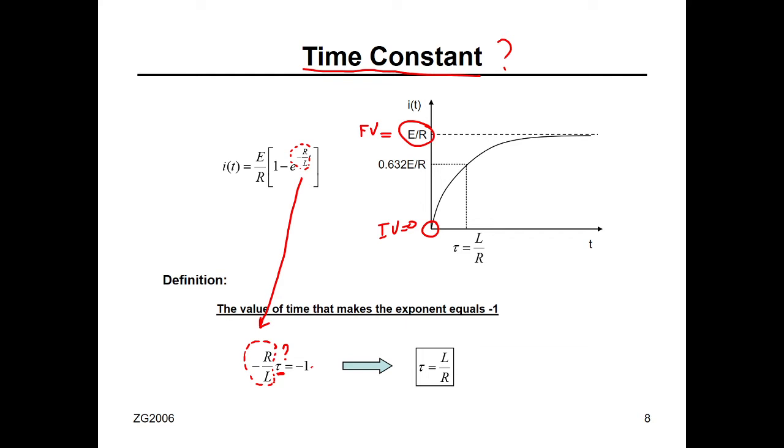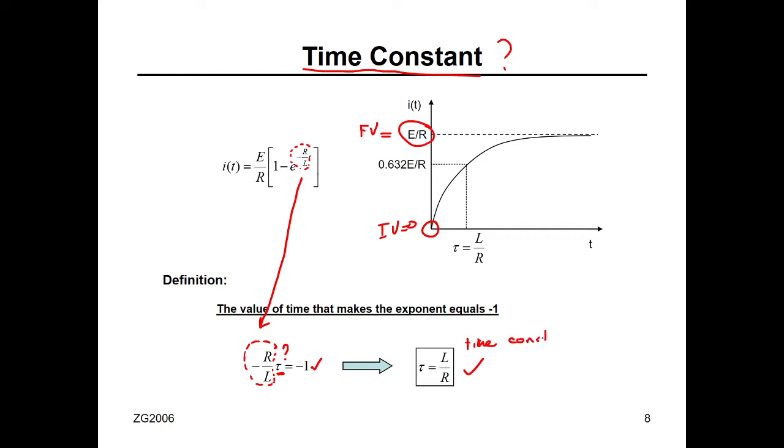So from here, tau will be how much? L over R. This is the time constant. This is the mathematical definition of time constant.